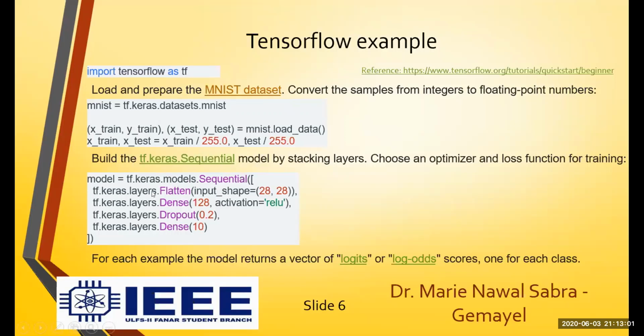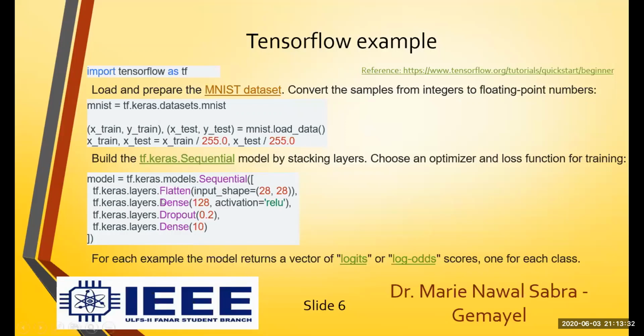So for the first layer, I have the flatten layer. The input shape is 28 by 28 because the images that I have are 28 by 28 pixels. So I define the input data that I have. Flatten is going to take my image from a square, 28 by 28, to a full line, so that I can give it as an input to a neural network.